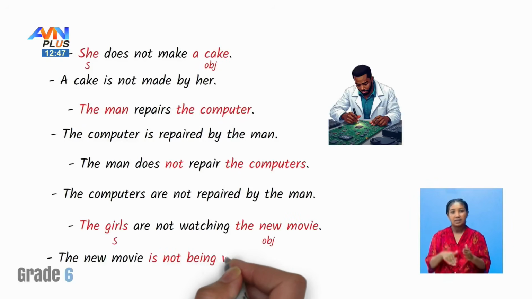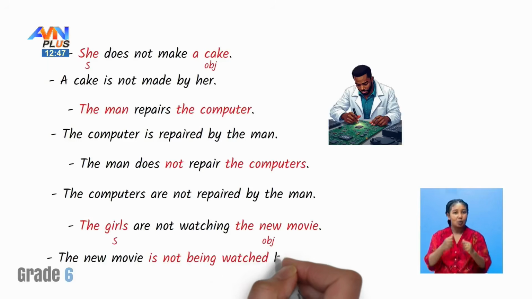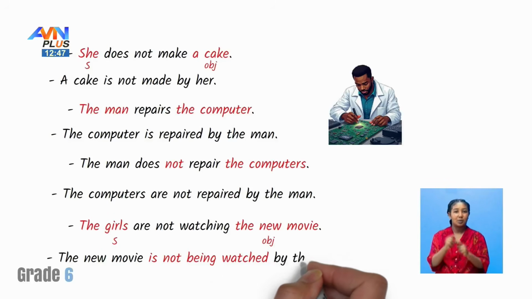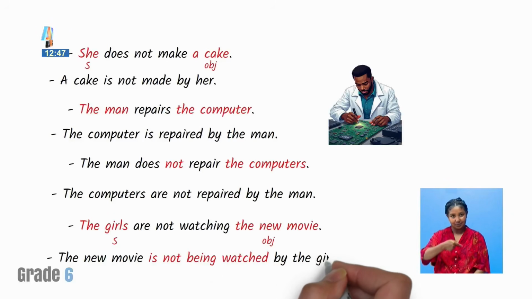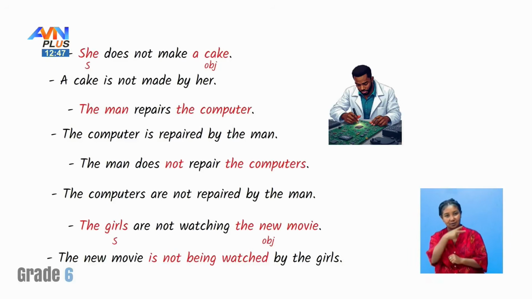Then remember, it is a continuous action. So to show that it is a continuous action, we use the word being. Is not being. As usual, we change the verb watching into watched. Very good. You're doing great. The new movie is not being watched by the girls.